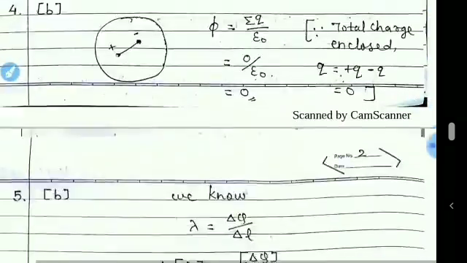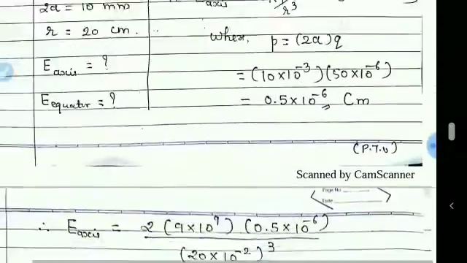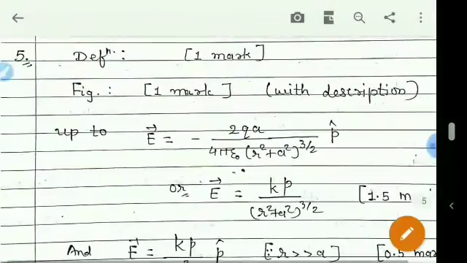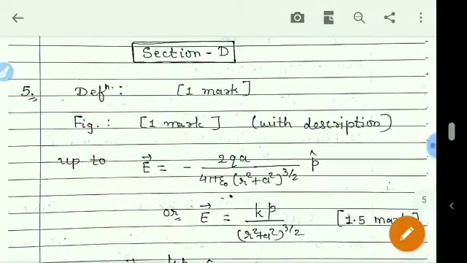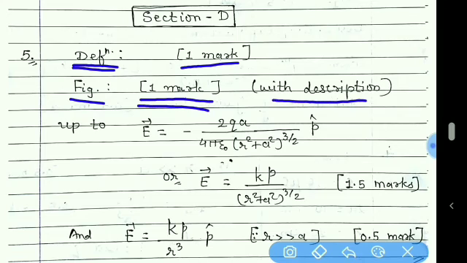Now for the marking system of this theory, you can see here that a definition of an electric dipole will carry 1 mark, and a proper labeled figure with description. That means you have to describe a figure in 2 or 3 lines. So that will carry again 1 mark.